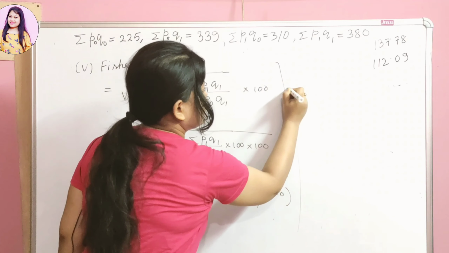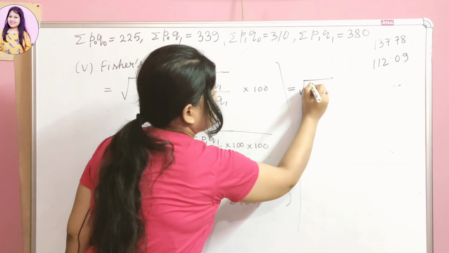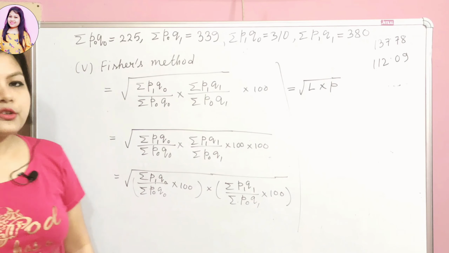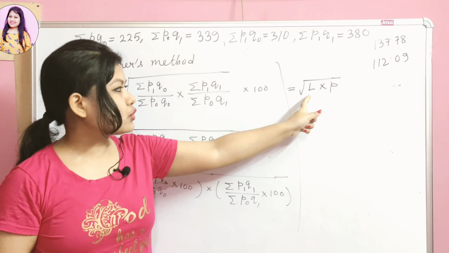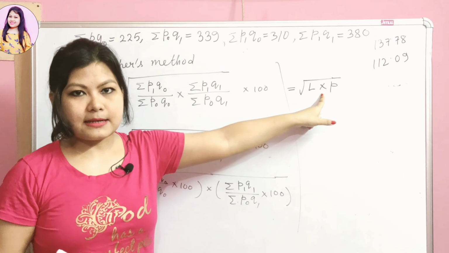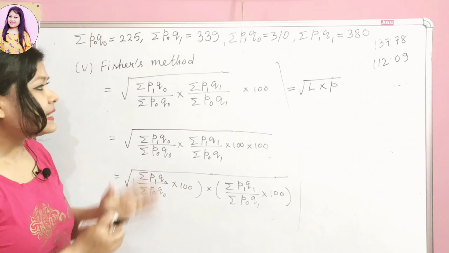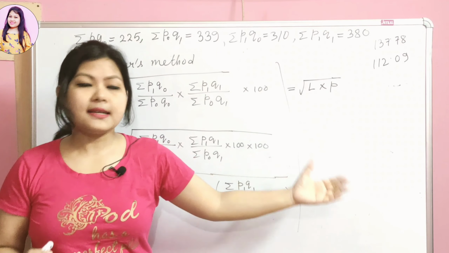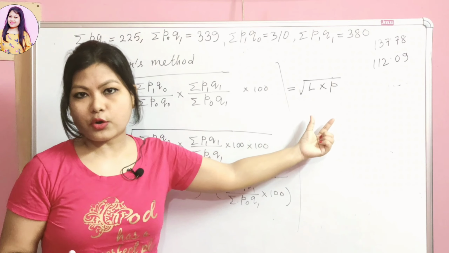Therefore, for Fisher's method, we can write square root of Laspeyres' index number into Paasche's index number. So here I am solving this just to make you understand that we can also use this formula.